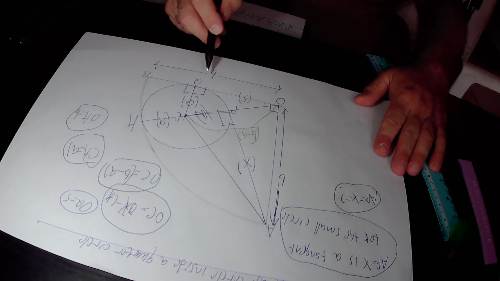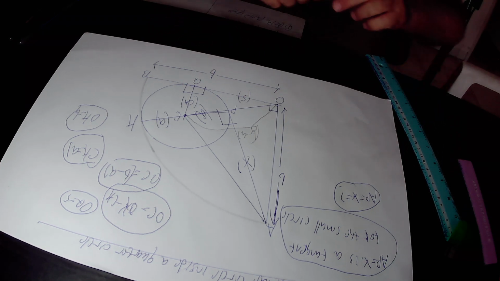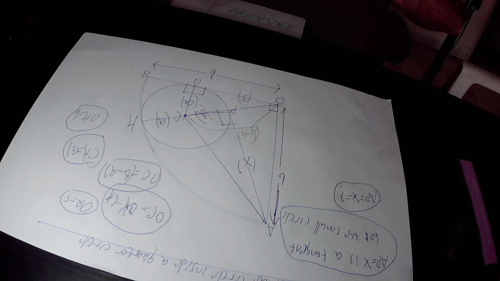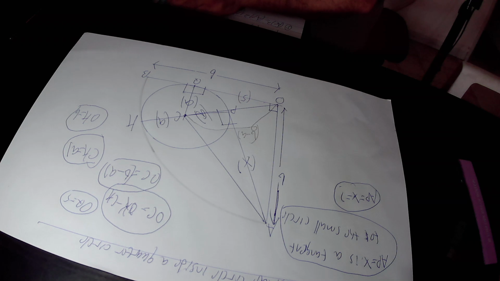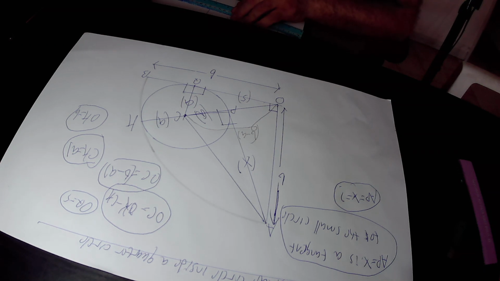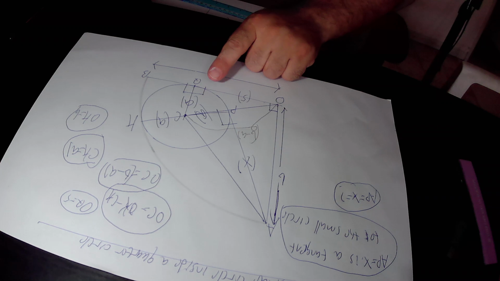And we will implement the Pythagoras theorem on this right triangle, triangle OCQ. CQ equals A, it is the radius of the small circle.